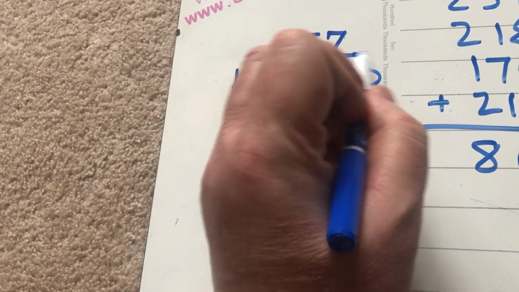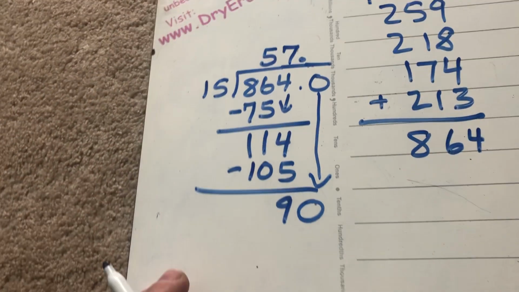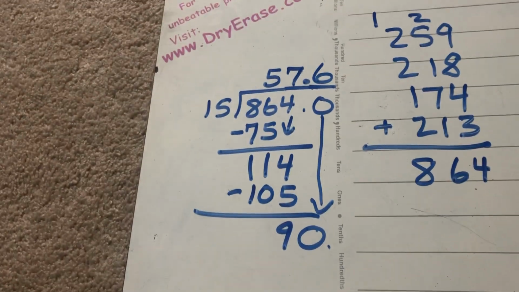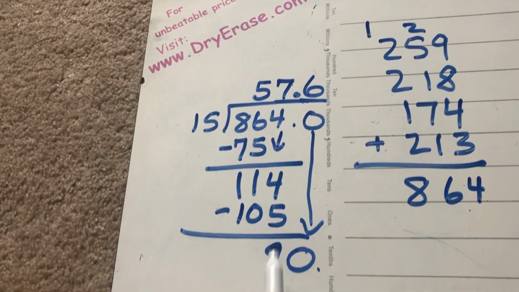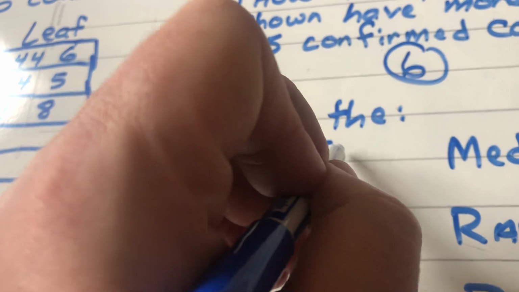So I have to add a decimal 0, bring the decimal straight up, drop the decimal down. I believe that 15 can go into 90 6 times, and that would be my final answer, because 6 times 15 is 90. The mean is 57.6. So I come over here, the mean, 57.6.